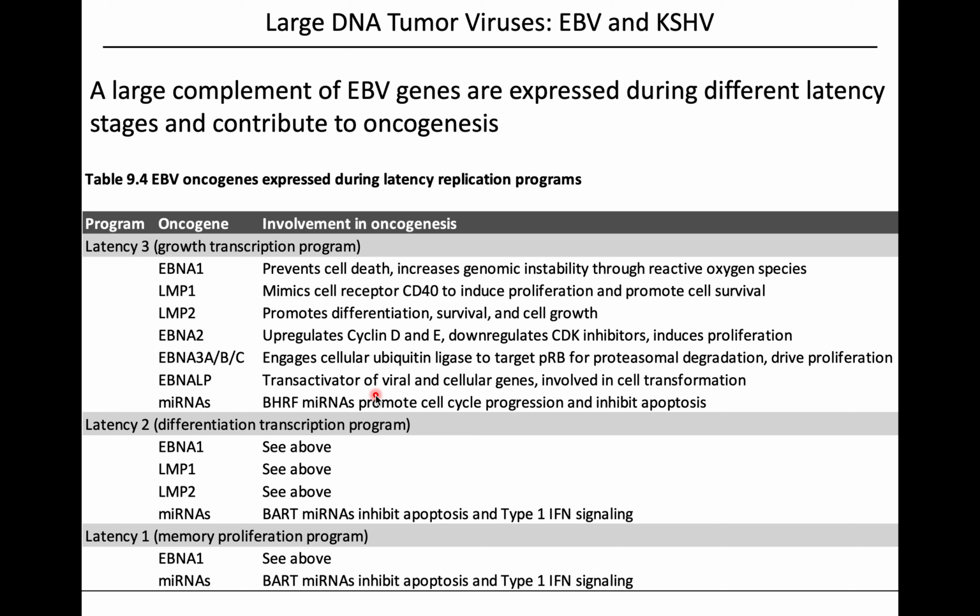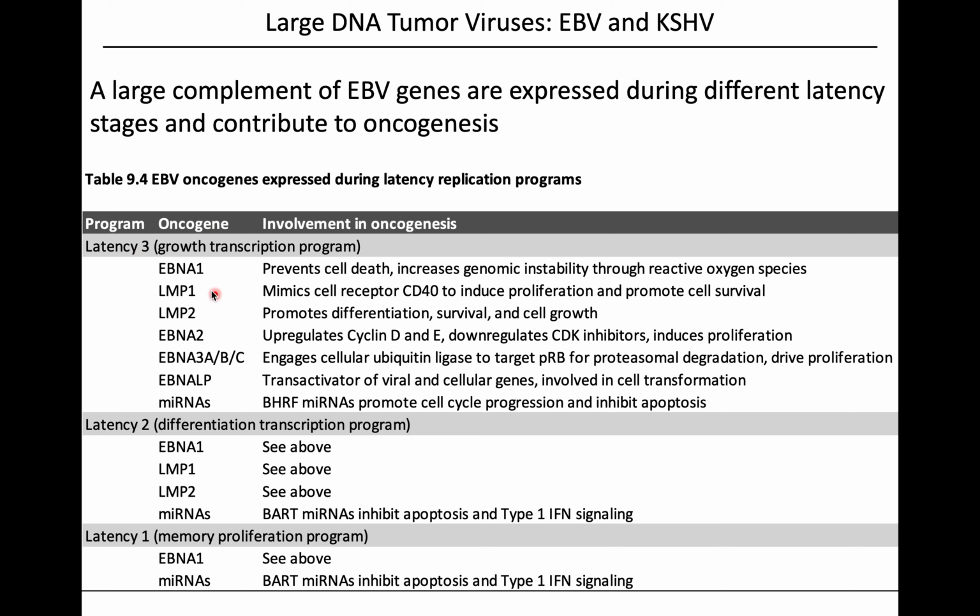I'm not going to get into all the details here, but these viruses have pretty large genomes, and they go through what are called latency stages, which are basically different transcription programs where different genes are activated at different times during the infection.